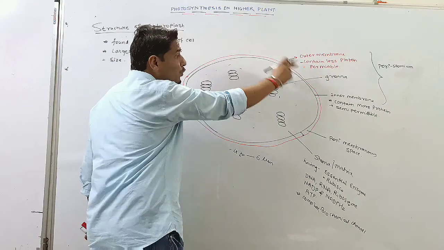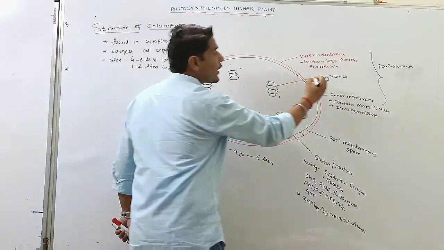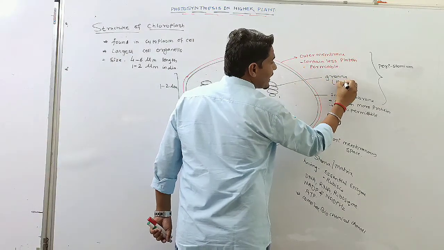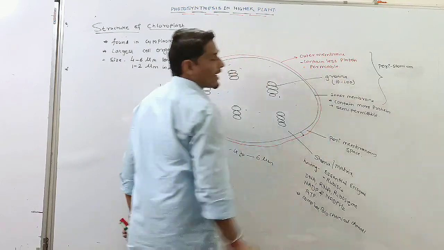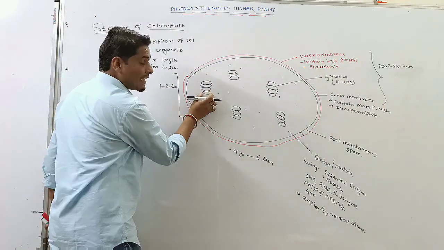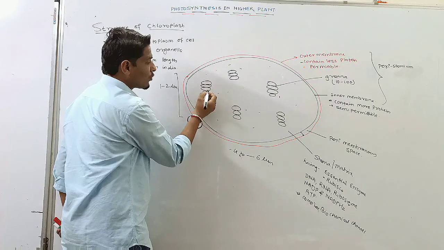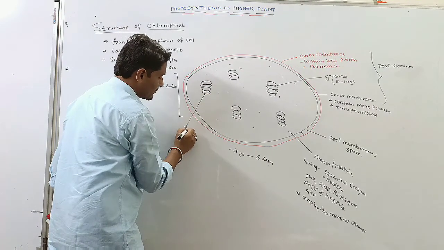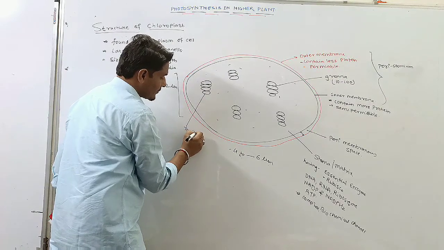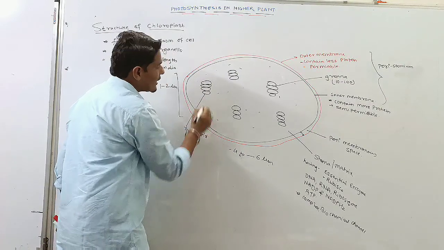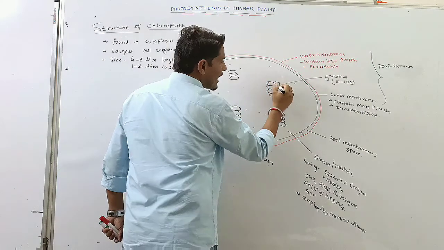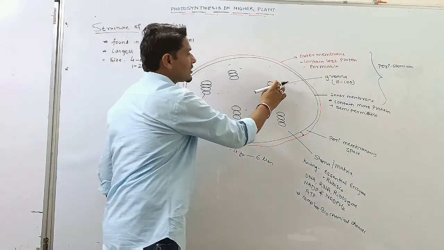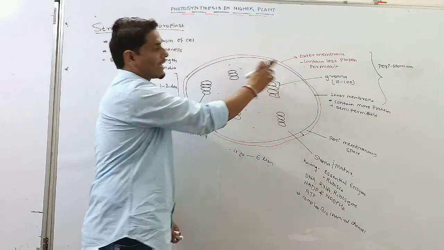Okay? In one chloroplast, 10 to 100 grana are present. So one single coin-like structure is called a thylakoid. But the entire structure is called grana.